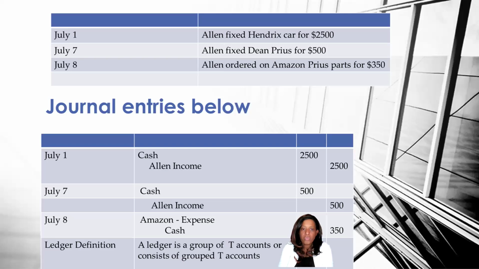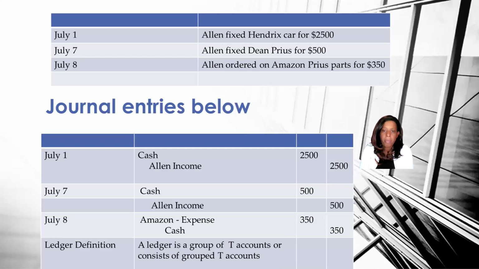Here, we are looking at journalizing each transaction that has happened for Allen Mechanic. So Allen fixed cars, he charged, he put in the cash, he put it in his income. Then he fixed another car, he put it in the cash, 500, and he put Allen income for 500.